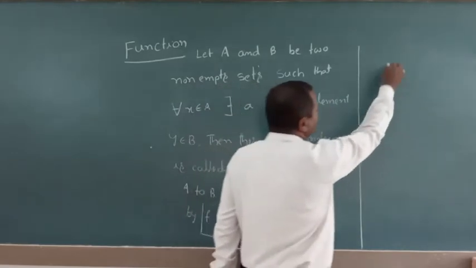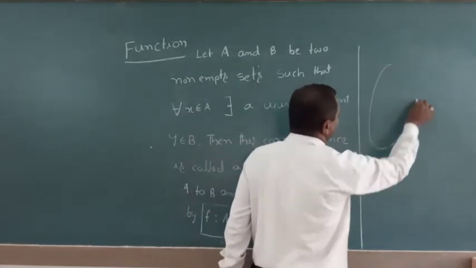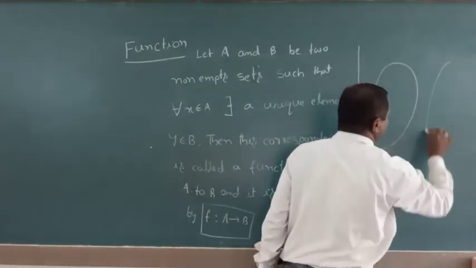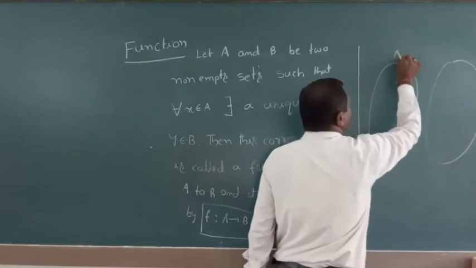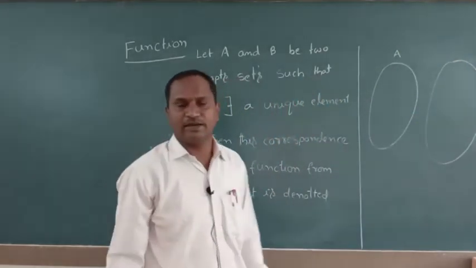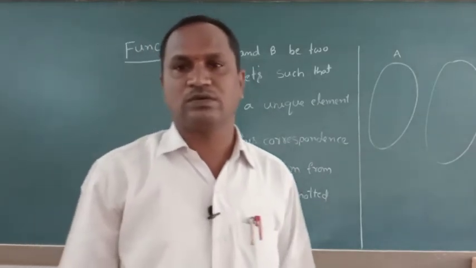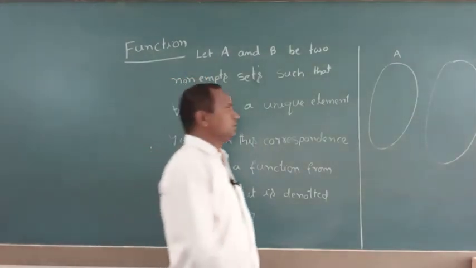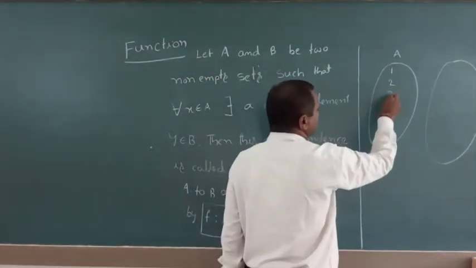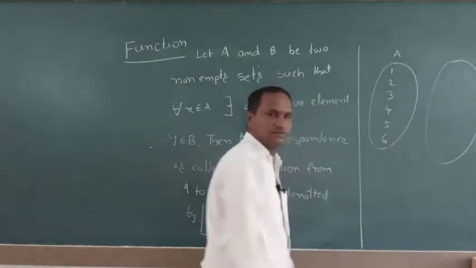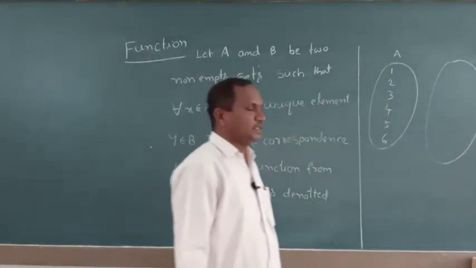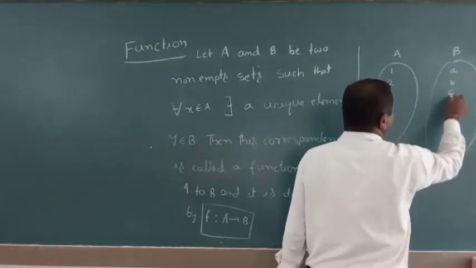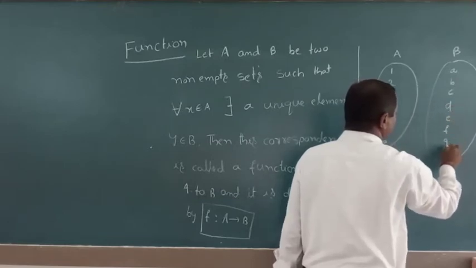Diagrammatically, A is there, B is there. Here capital A takes some elements, here 1, 2, 3, 4. Next, another set B: A, B, C, D, E, F, G, H, like that.